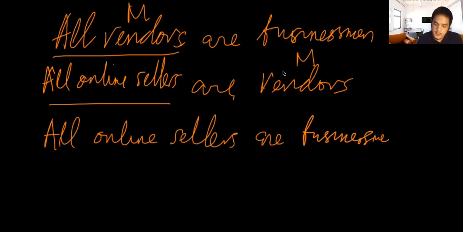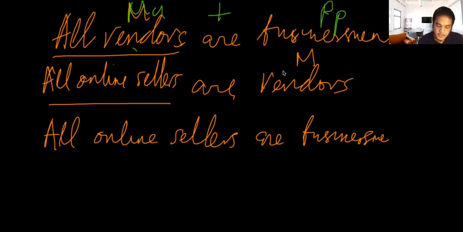Okay, so let us check whether we have a valid syllogism. So we have MU plus PP, and SU plus MP.